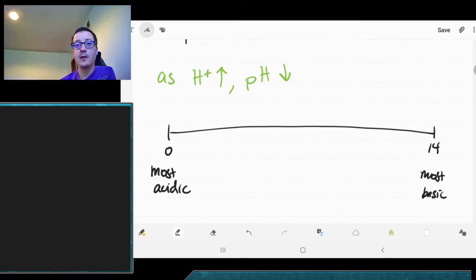We're going to see that most things that follow the scale, we can judge how basic or acidic they are looking at their pHs. Right in the middle here is pH 7, which we consider neutral. We'll talk about that in just a second, about why it's 7 there. Not only is it halfway in between, but there's another reason for that.